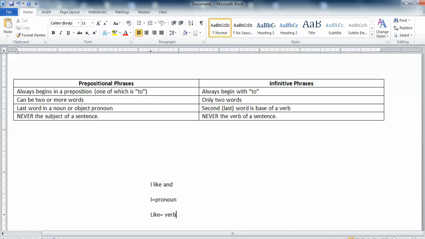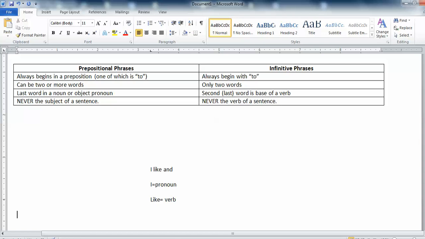Okay, I'll give you the answer. It's a regular verb, right? Because you can add ed to like and make it past tense, liked. And that's how we know when a verb is regular. And then there's the word and. If you listen to the webinar on conjunctions, coordinating conjunctions, all that other stuff, you know that this is one of the fanboys, also known as a coordinating conjunction.